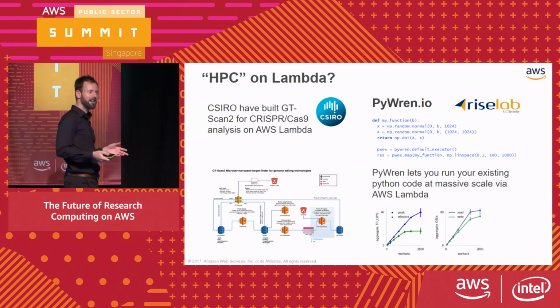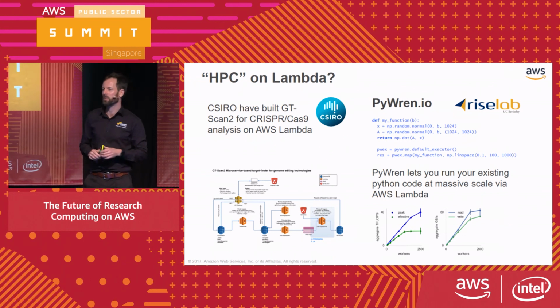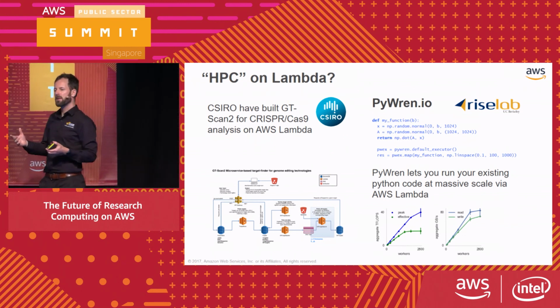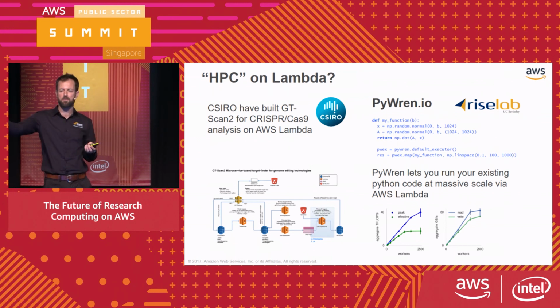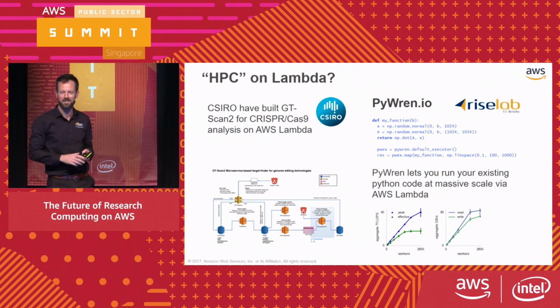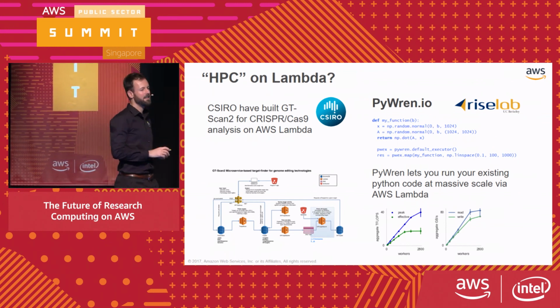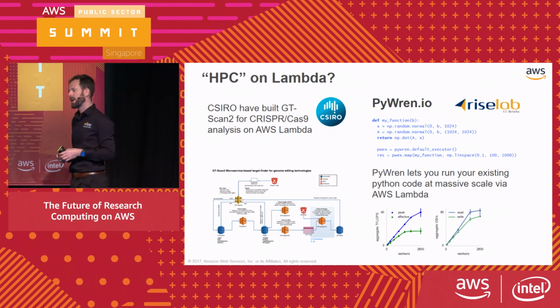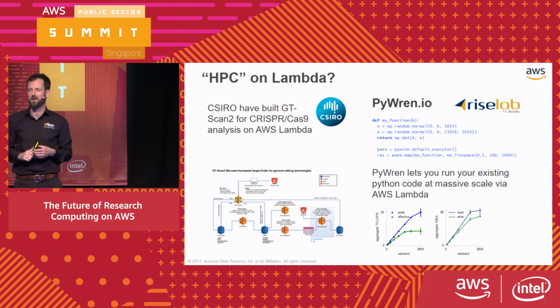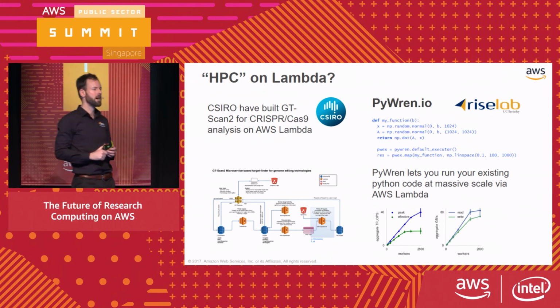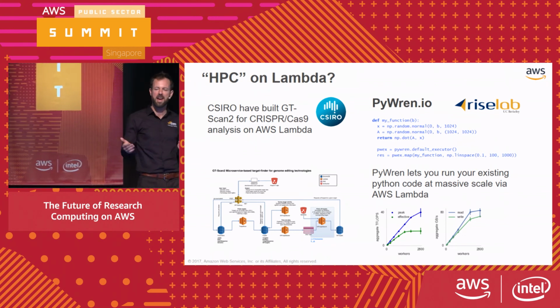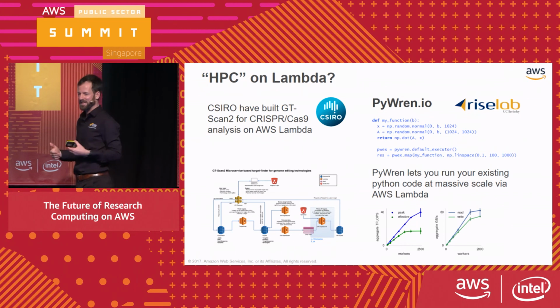And the RISE Lab out of UC Berkeley have built something called PyWren, which takes your existing Python code and farms that out across many workers running on Lambda. They've done some benchmarking, and they achieve up to 40 teraflops peak compute, which is a very respectable compute number. They've also benchmarked S3, and they're seeing performance around 80 gigabytes per second out of S3.